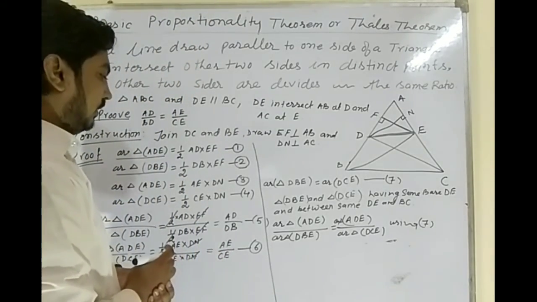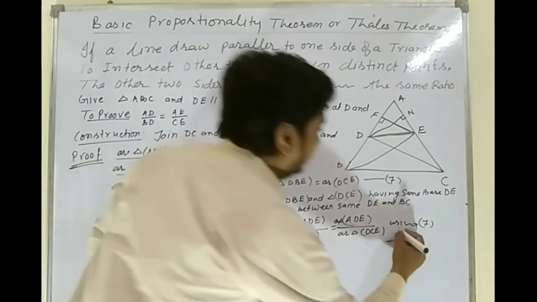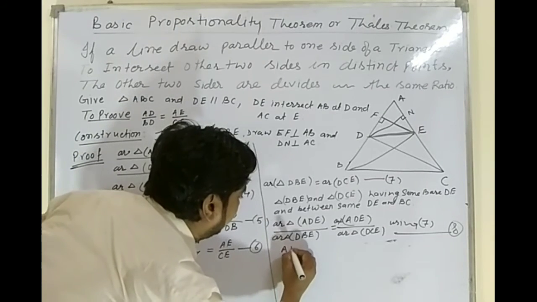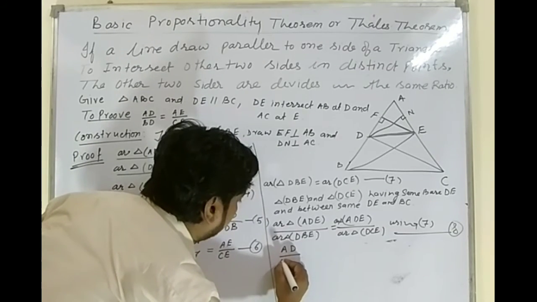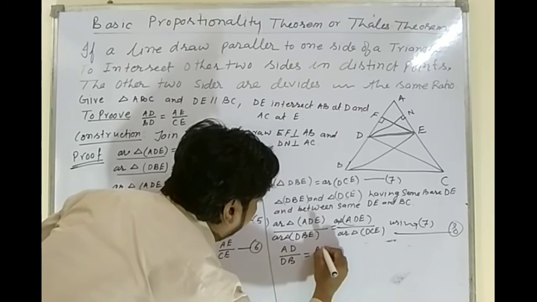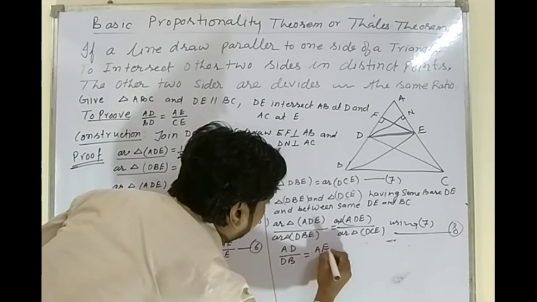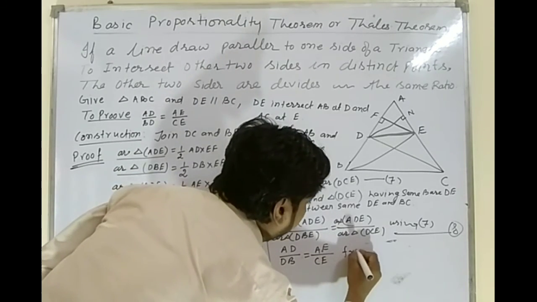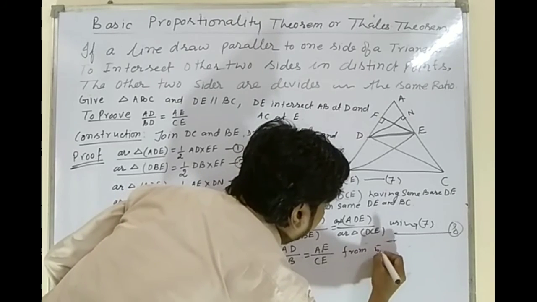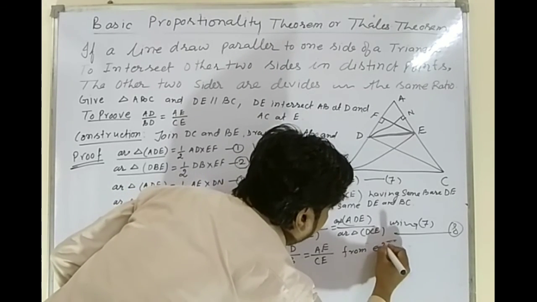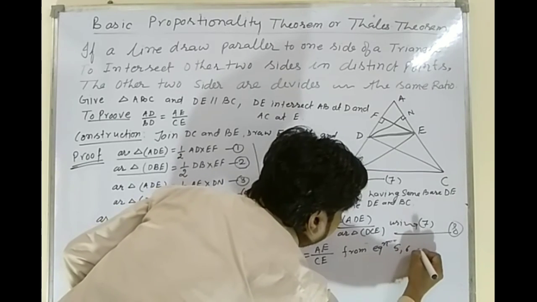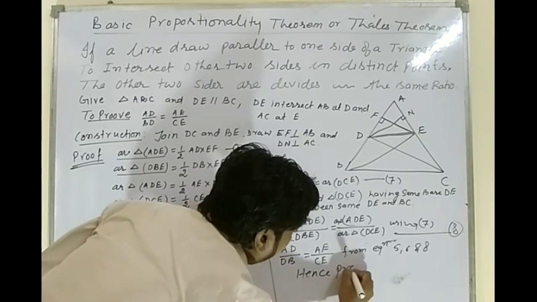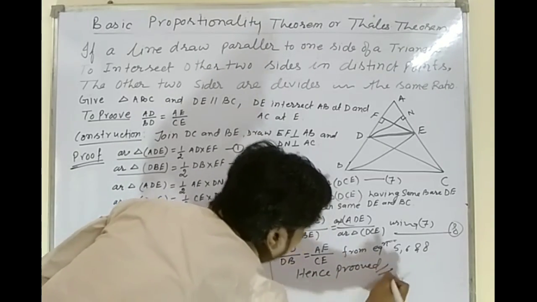Now from equations 5, 6 and 8, AD upon DB equals AE upon CE. Hence proved. This is our desired result.